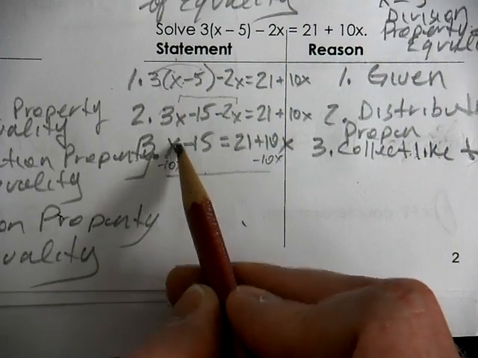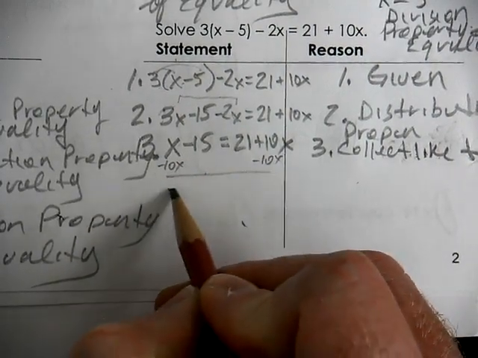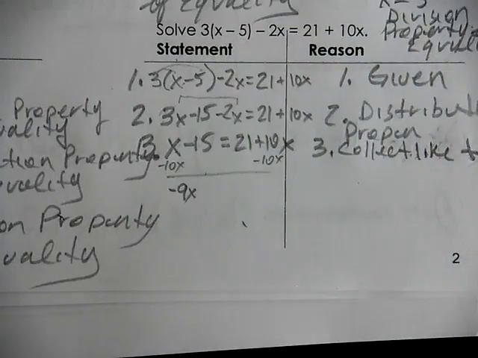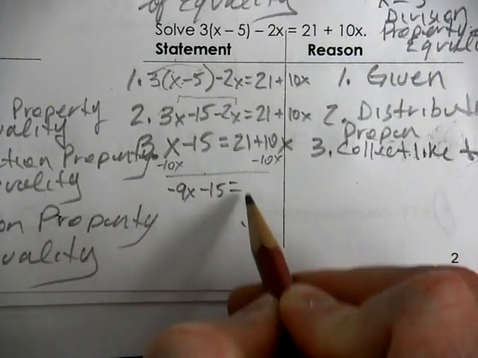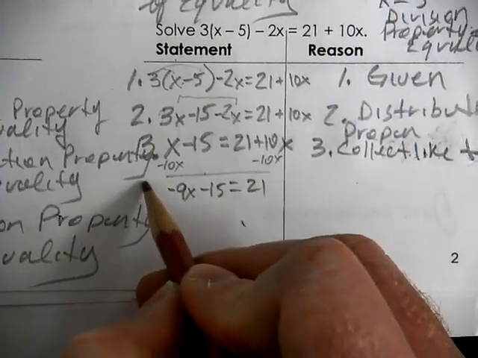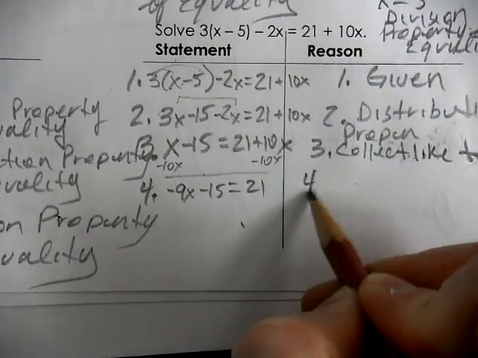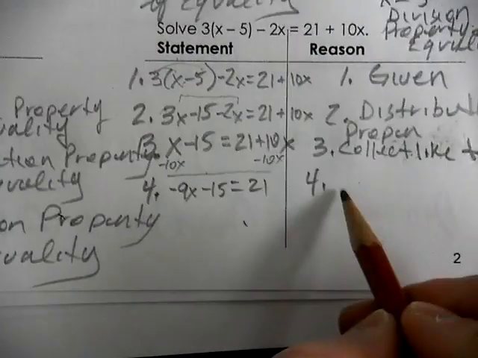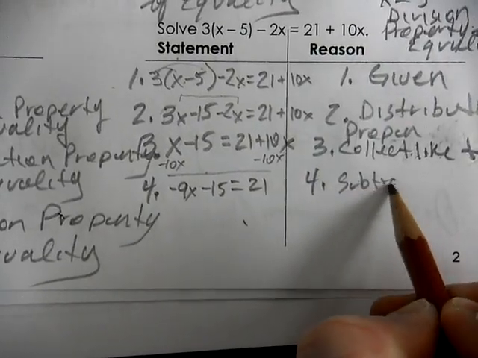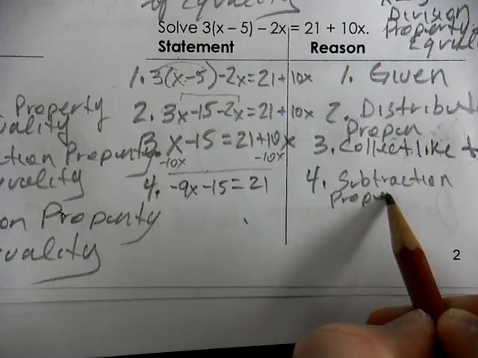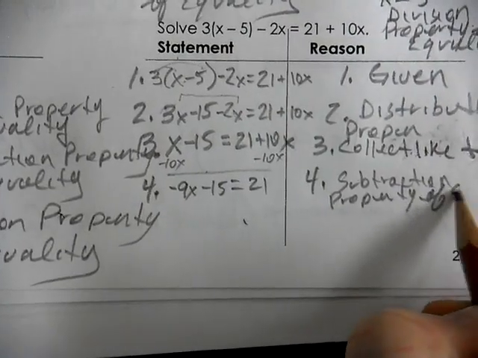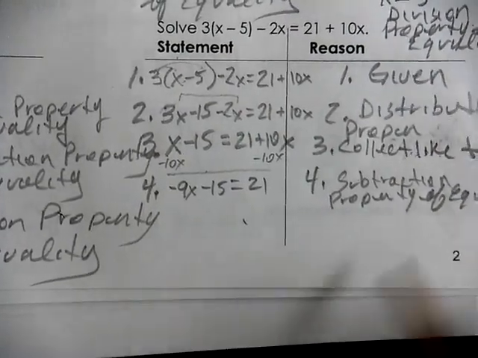This ends up being -9. Then you still have the 15, and you still have the 21. So that was the subtraction property of equality.